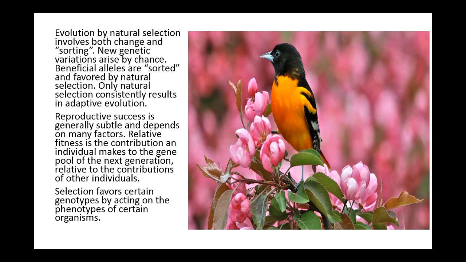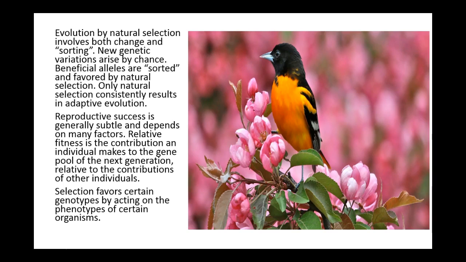It's very subtle, and it can be based on some factors that we can see, but it can also be based on other factors in terms of whether somebody is reproductively successful. And what we mean is the gametes are able to get together.